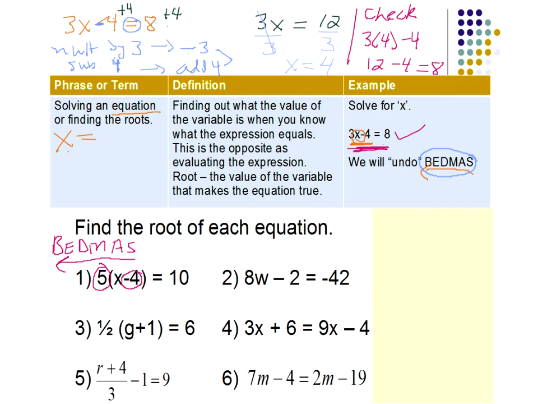But here it's a different scenario because the x minus 4 is in brackets, and I can't get inside those brackets till the very end. So now I'm going to divide everything by 5 to begin. So 5 divided by 5 is 1. So on the left-hand side I have x minus 4. On the right-hand side I have 2. Now I will add 4 to both sides. And so I get x equals 6.